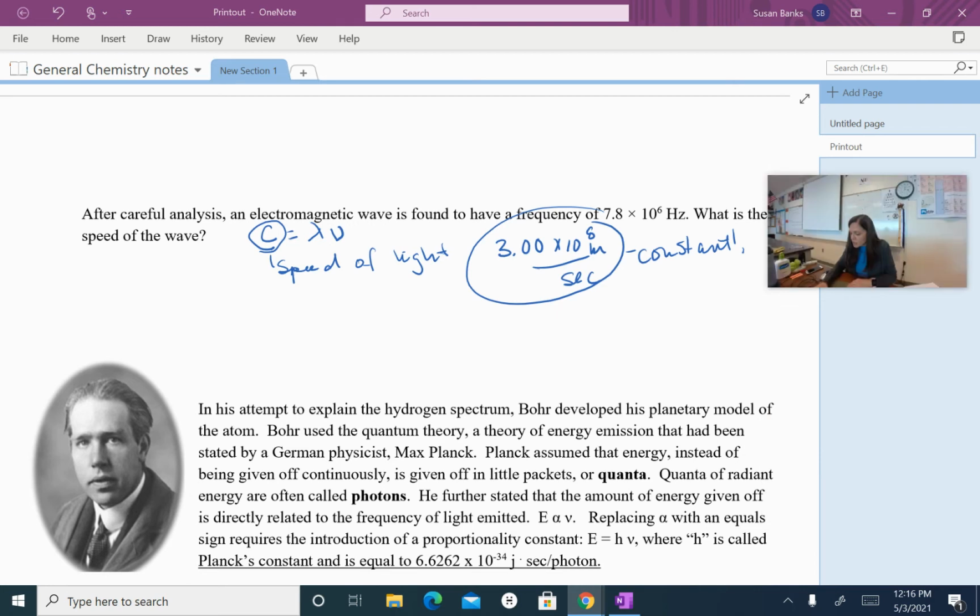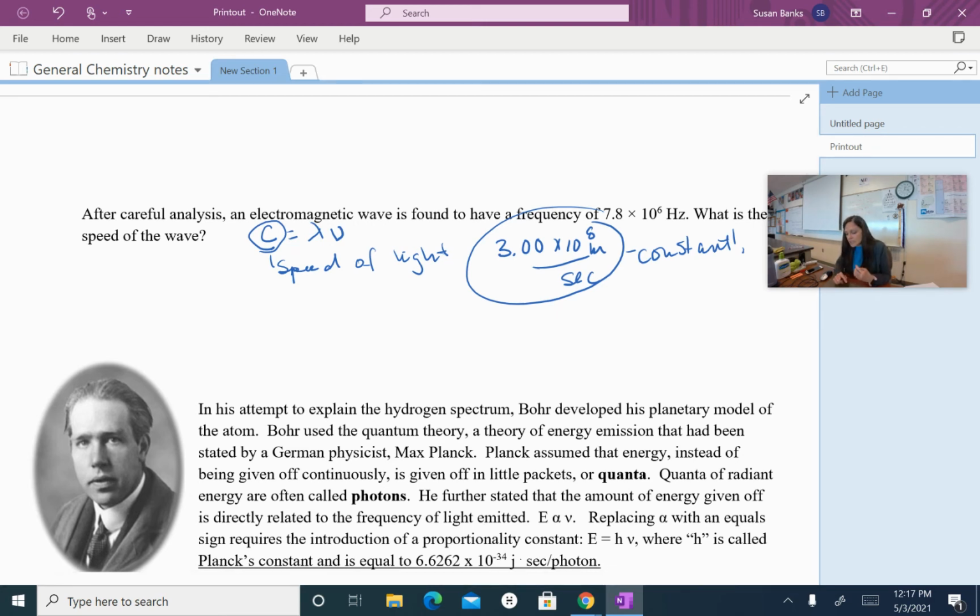Okay, so this next bit, we're going to start talking about the energy that these different waves and frequencies have. Okay? In his attempt to explain the hydrogen spectrum, so there's a spectrum of light that we see that we'll talk about next time when we look at hydrogen through a prism. We get 4 lines. We get a blue line, a purple line, a green line, and a red line.